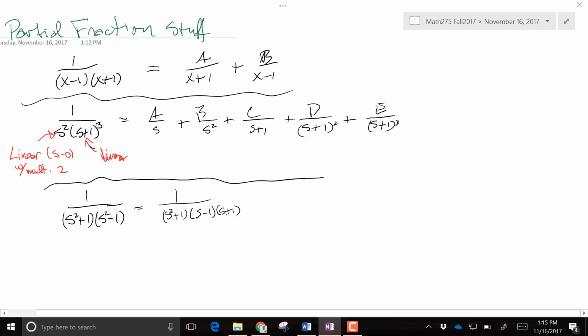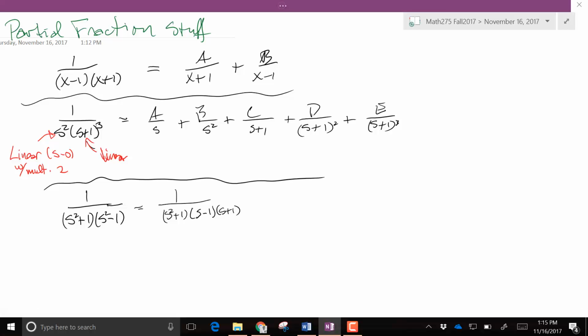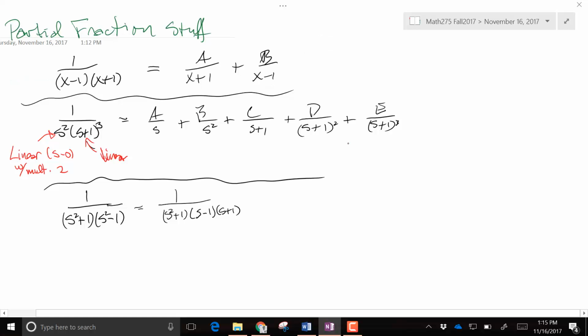It's not an irreducible quadratic. Plus 0x if you want to put that middle term.